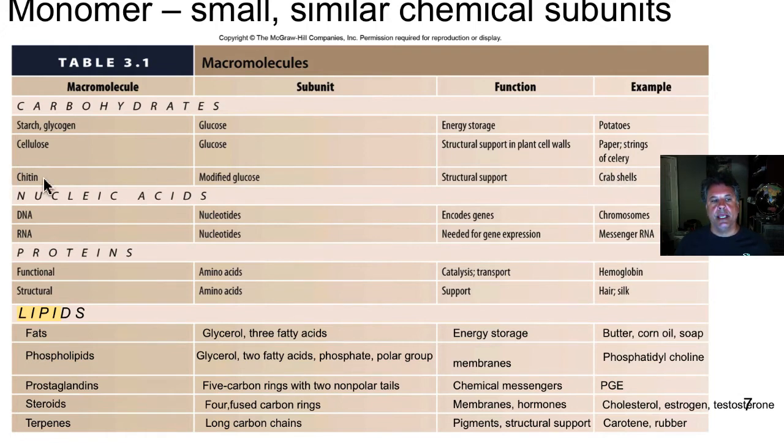So chitin is an important structural support. Chitin is also found in fungi, mushrooms, interestingly enough. So both invertebrates and fungi have seized upon chitin as the skeletal support for them. It's a polymer of modified glucose.